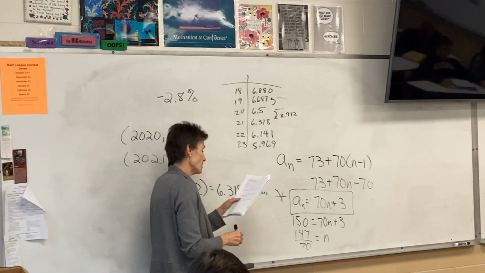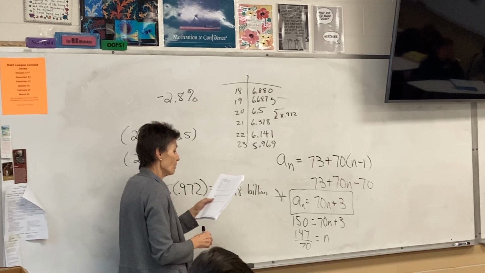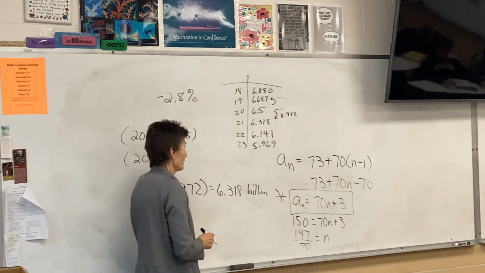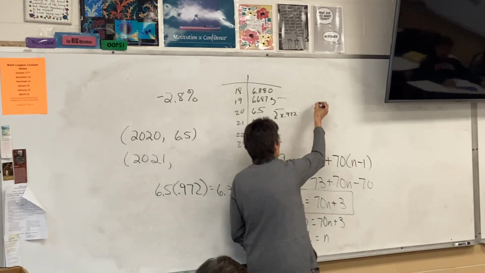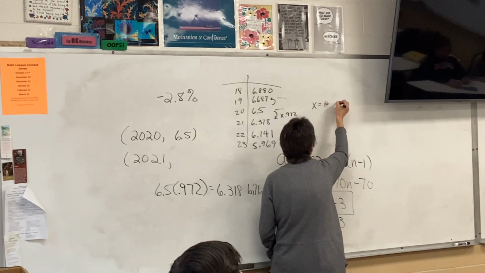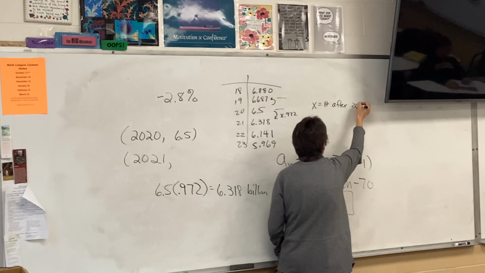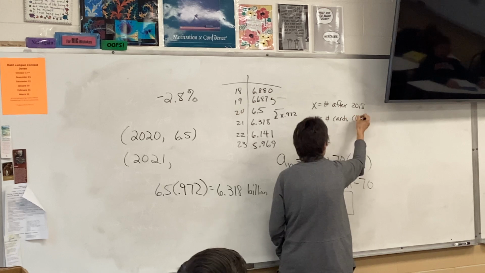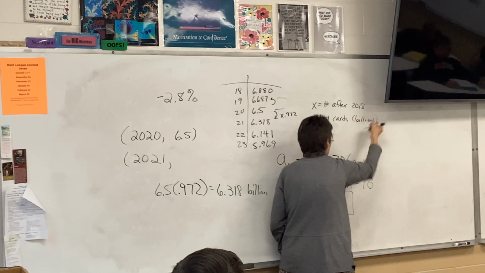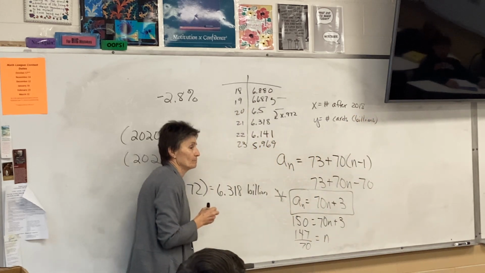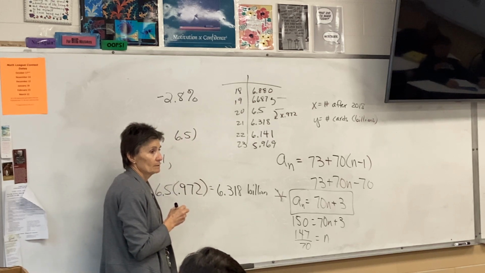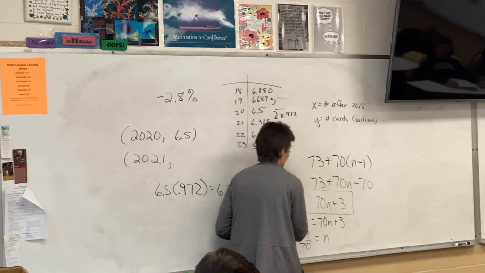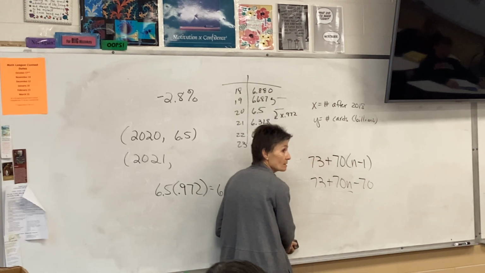All right, write an equation for the number of greeting cards purchased X years after 2018. So we're gonna let X be the number of years after 2018. And Y is gonna be the number of cards, okay, in millions. Could we approach this as a geometric sequence?